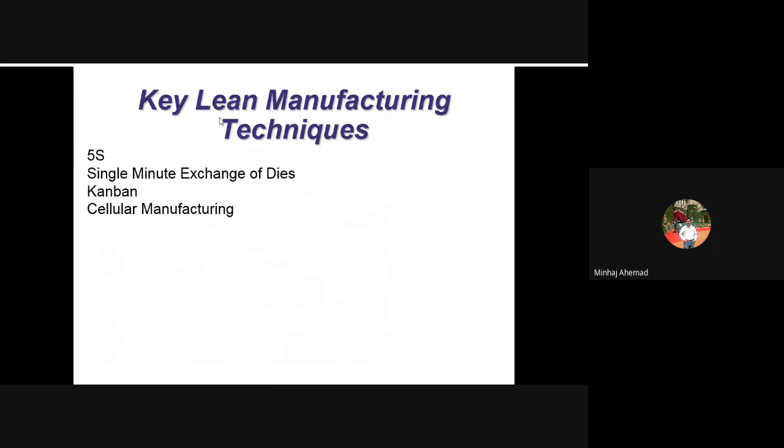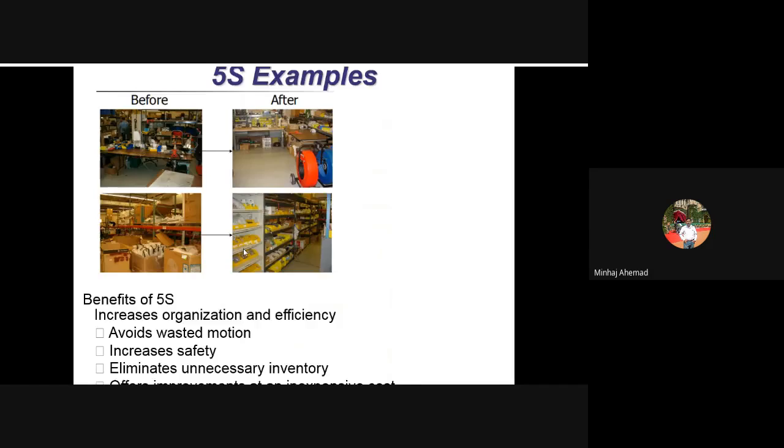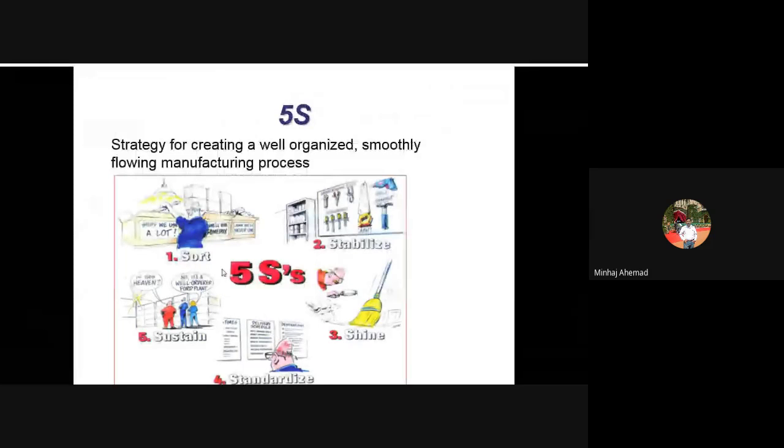These are the key lean manufacturing techniques: 5S, SMED, Kanban, and cellular manufacturing. So what is 5S? These are five Japanese terms, a strategy for creating a well-organized, smoothly flowing manufacturing process.